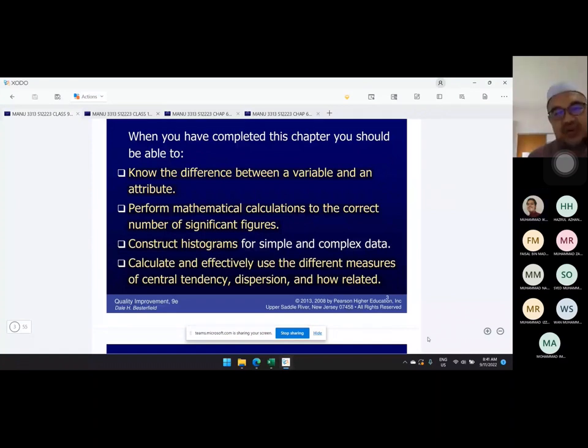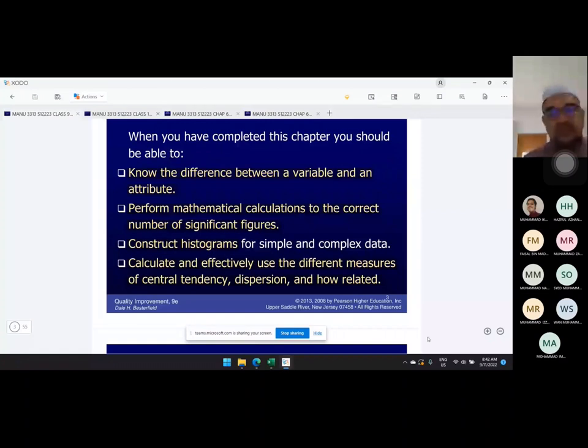If we want to joke, say non-continuous. The term we use is discrete, one by one. Continuous means connected; non-continuous we call discrete. Okay, good. Then we will see what we mean by these variable and attribute types.